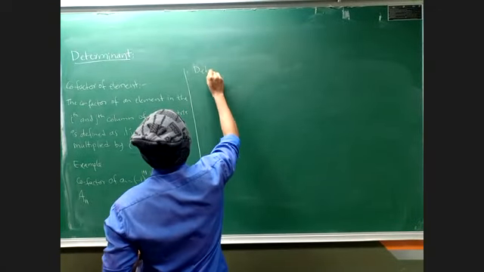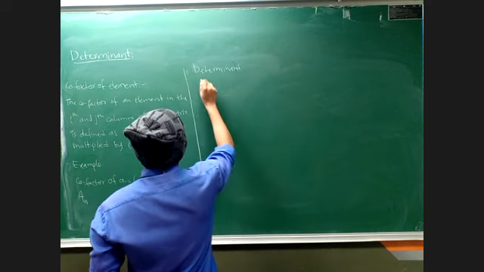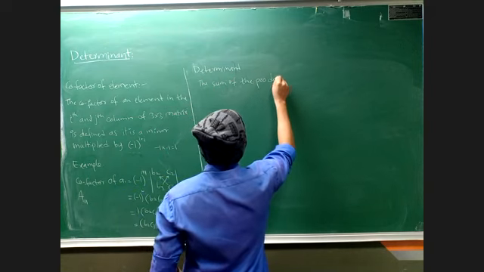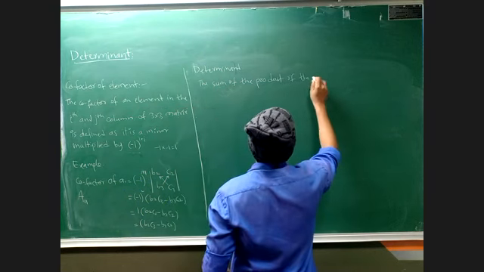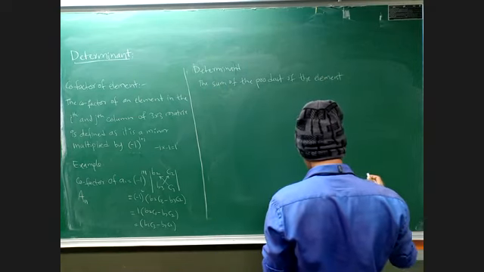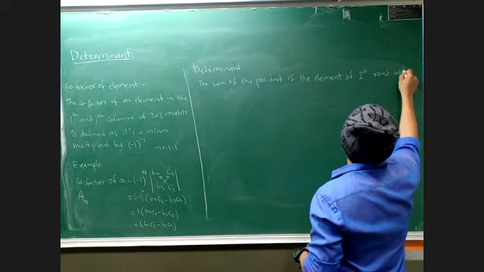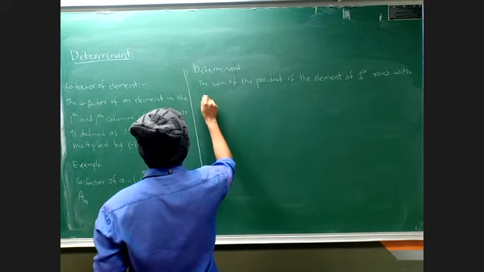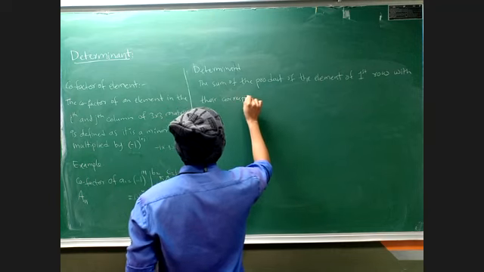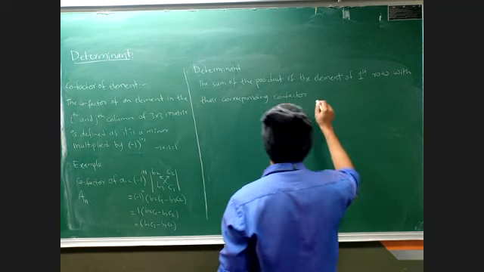The definition of determinant: the sum of the product of the elements of the first row with their corresponding cofactors is called the determinant.